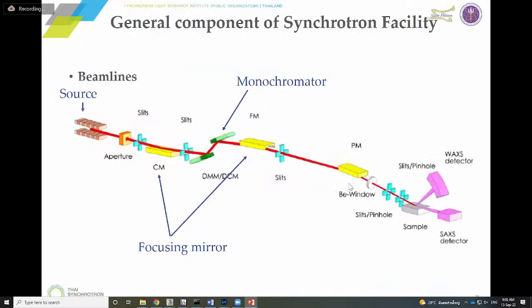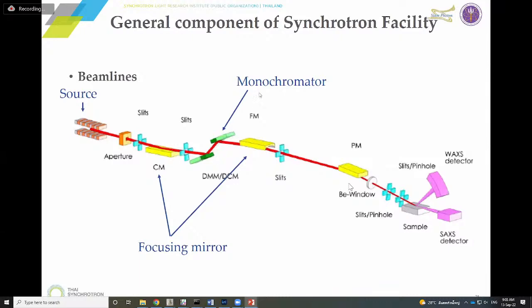So this is the basic schematic of the beamline by its optic elements. This is a source to produce synchrotron light that comes out from the machine via apertures. We have slits. We have a CM mirror to collimate the beams.